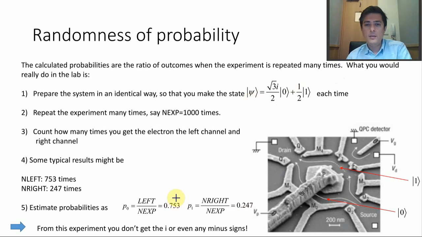It's not exactly the same, but we only did this 1,000 times, so we don't expect perfect accuracy, because we didn't repeat it enough times, or in a realistic experiment there are all kinds of other issues.